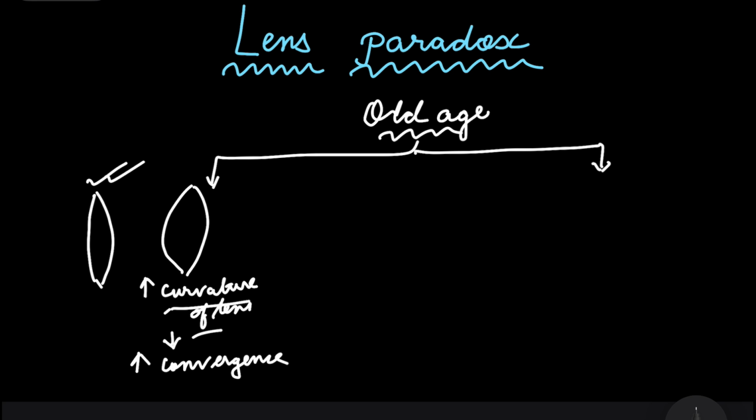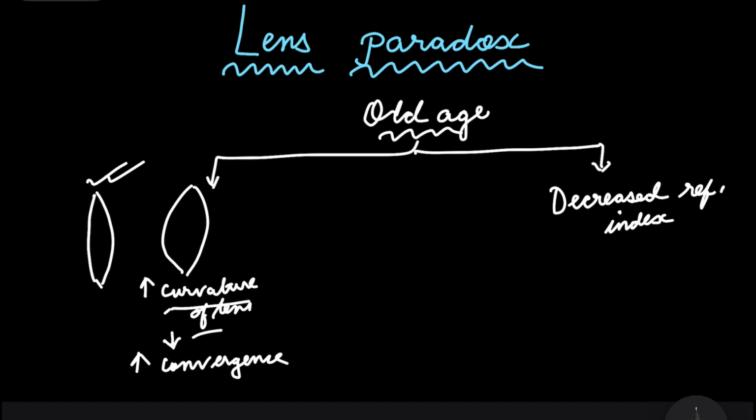As simple as that. But there is something else happening in old age as well. The next thing that is happening in old age is that the refractive index of the lens is decreasing. So what exactly is the refractive index? The refractive index of anything is how much it can alter the trajectory of a light ray when the light ray is traveling from one medium to that medium.